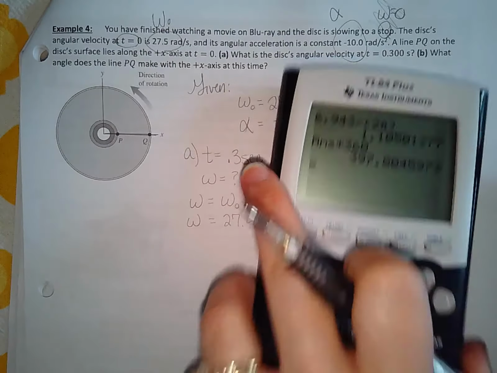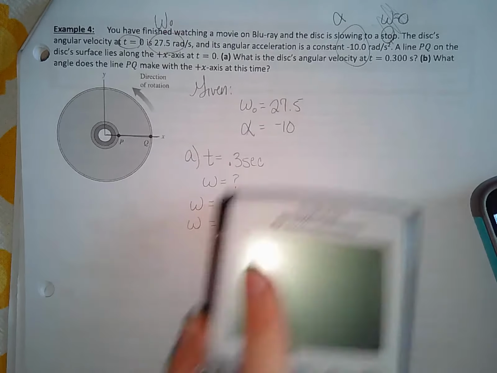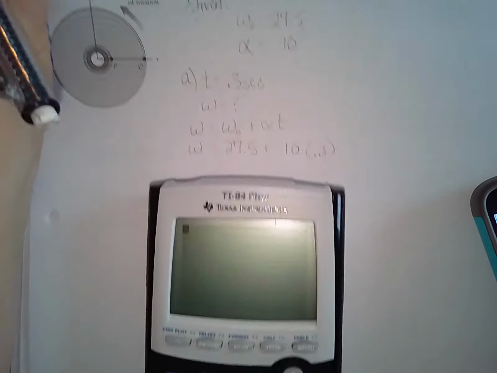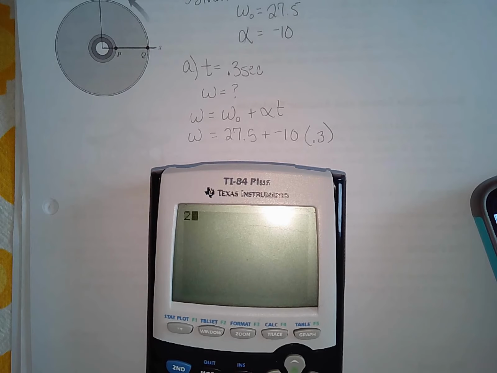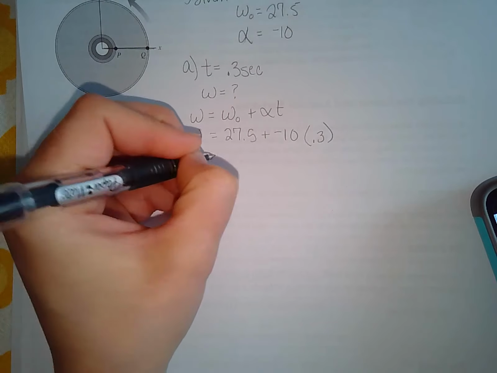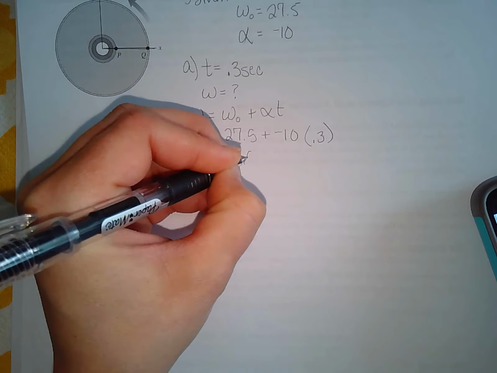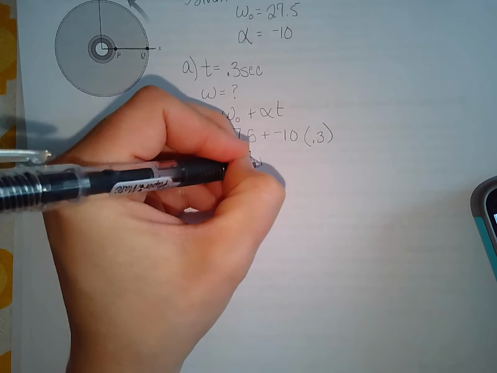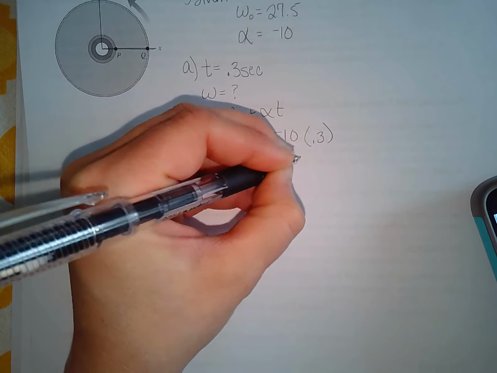This is a very simple plug and chug. I got 24.5. And this is angular velocity, so this is radians per second.